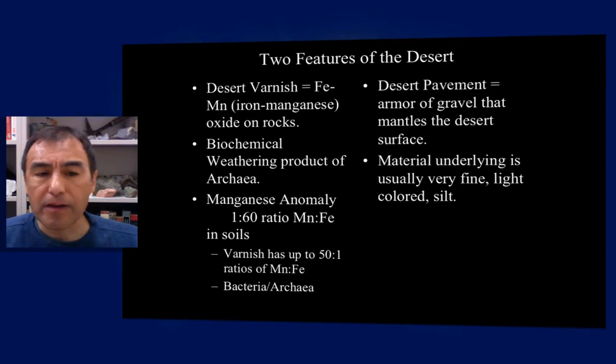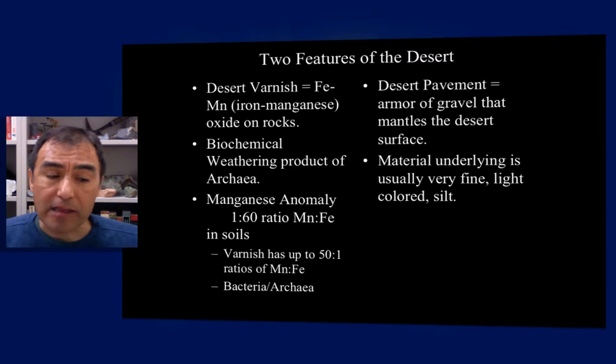Now, one of the strange things about this desert varnish is this manganese, and we call it here the manganese anomaly, because in soils and in rocks up on our surface up here, the ratio of manganese to iron is 1 to 60. So in other words, there's 60 more iron atoms per every manganese atom.